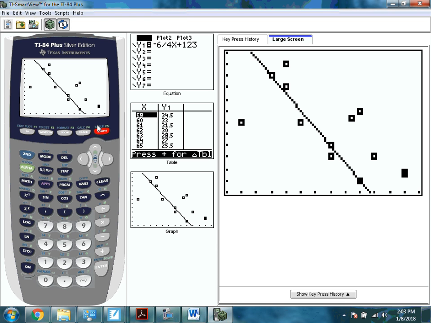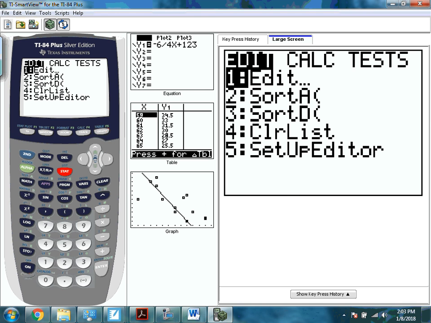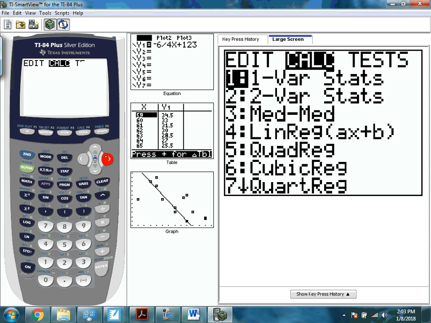And so what I'm going to do is show you guys how we can find the calculator's best fit line. So I want you to hit stat. And then I'm going to have you hit the right arrow. So you're going to calculate linear regression.